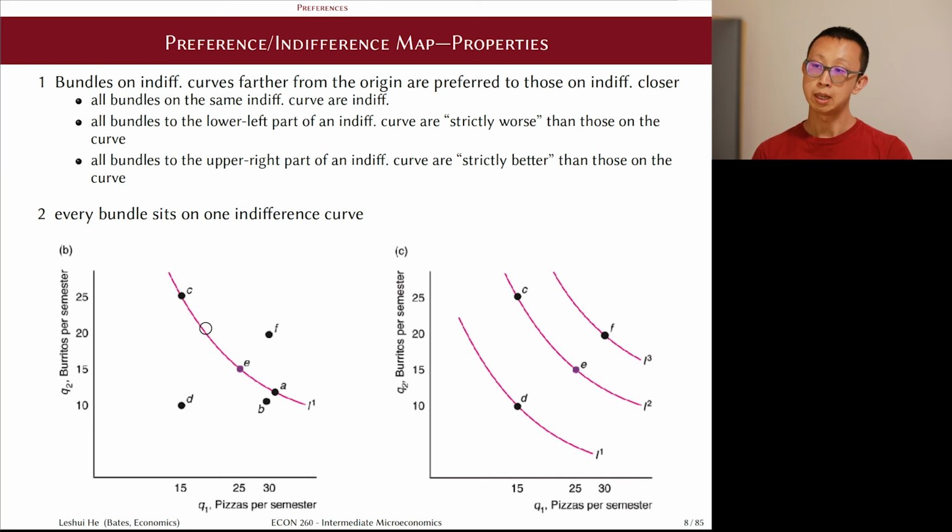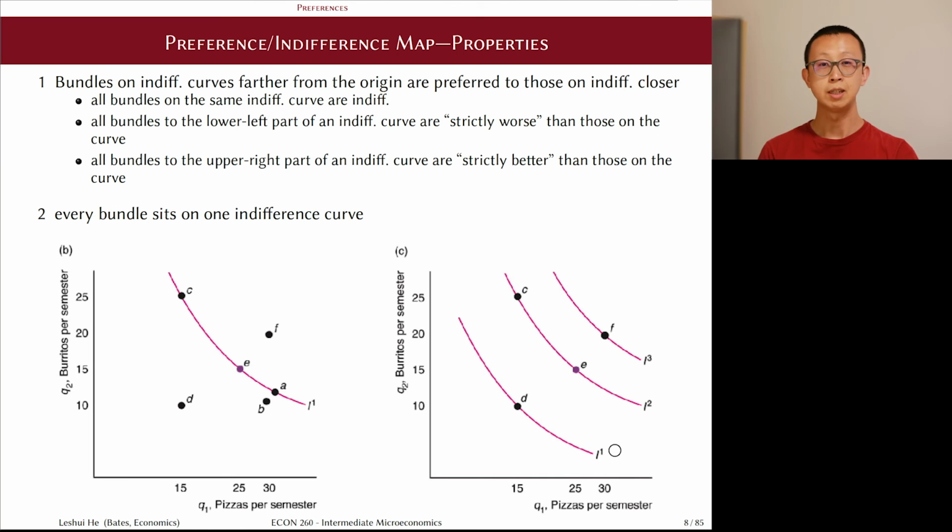But more importantly, any bundles along an indifference curve are preferred compared to all the bundles that lie below the indifference curve towards the lower left corner. Similarly, any bundle towards the upper right corner of the indifference curve is more preferable compared to any bundle lying on this particular indifference curve that sits below those bundles towards the lower left.